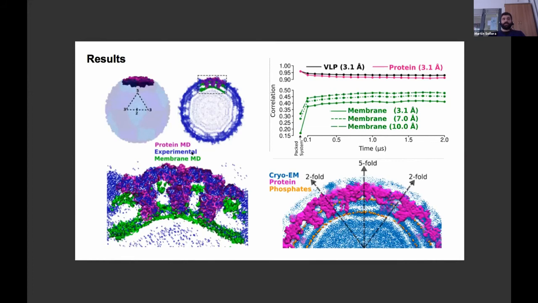As seen from the figure, the matching between density maps is outstanding. The excellent agreement extends to the protein part and the bilayer, which shows a flattening in the region away from the transmembrane helices.